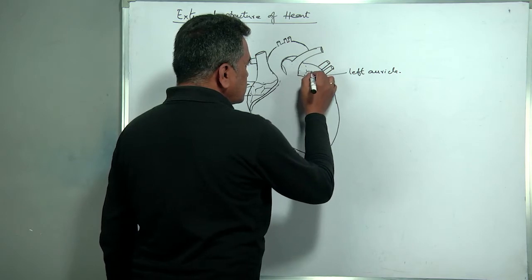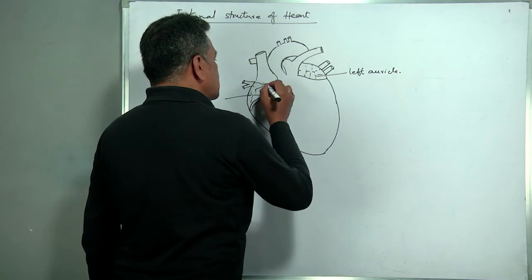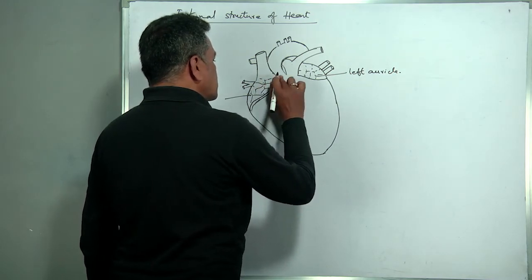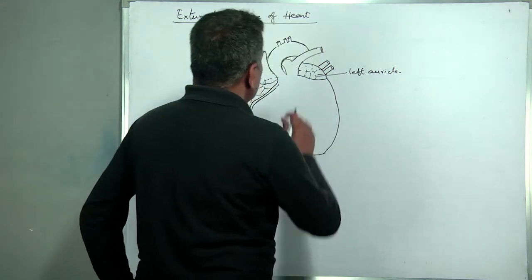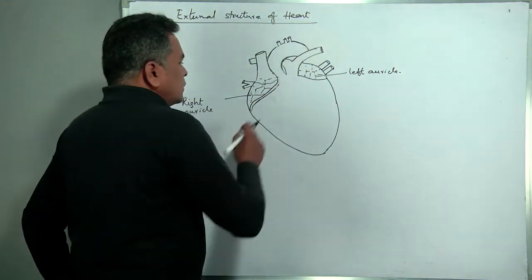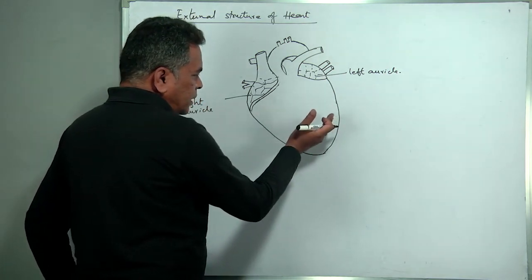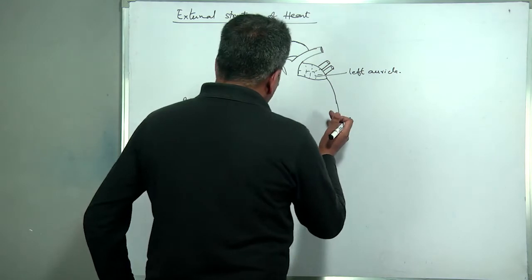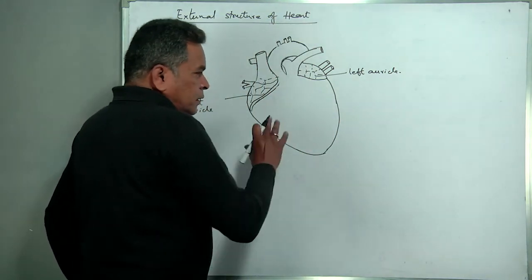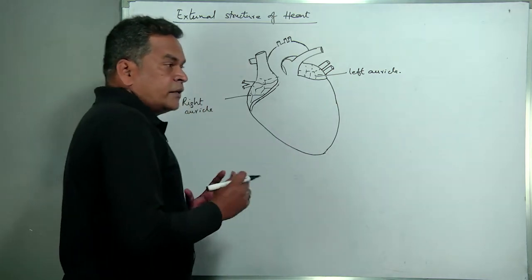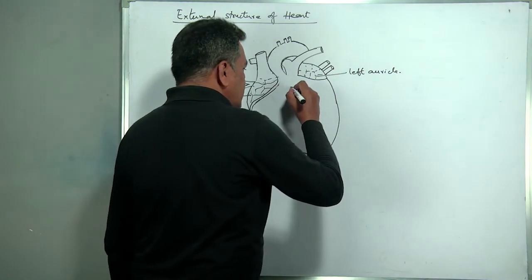This is the right auricle, and here this part is a ventricle. So, left ventricle and right ventricle. You can differentiate the right and left ventricle by observing the boundaries here.